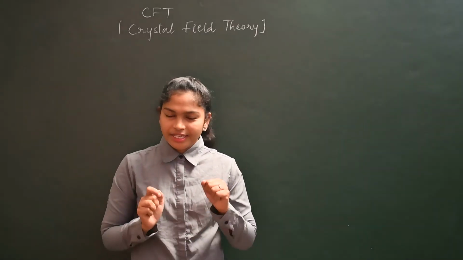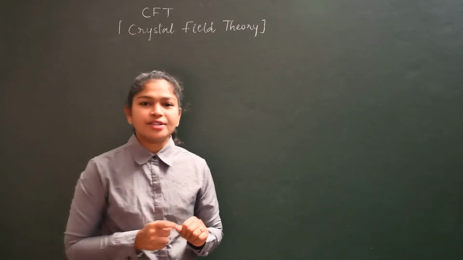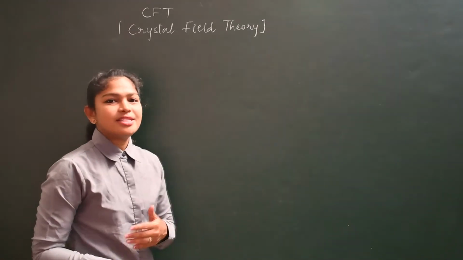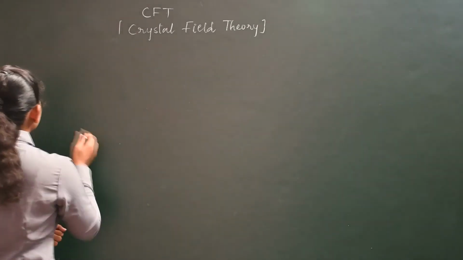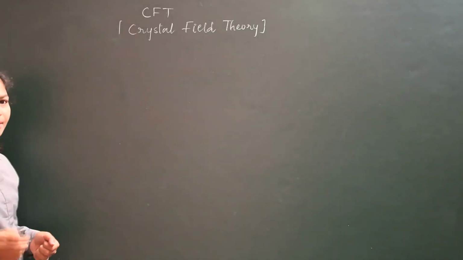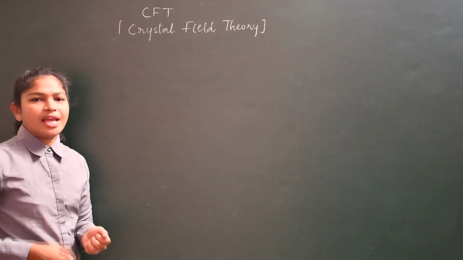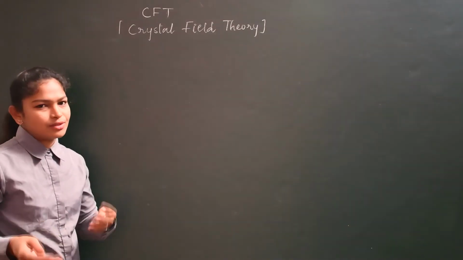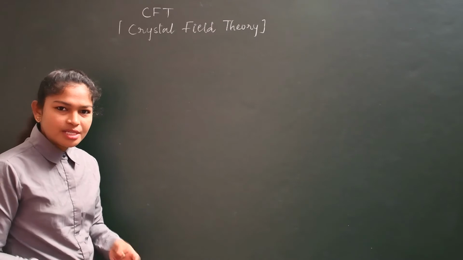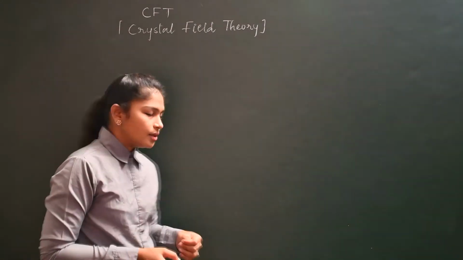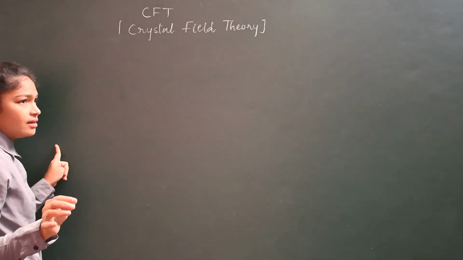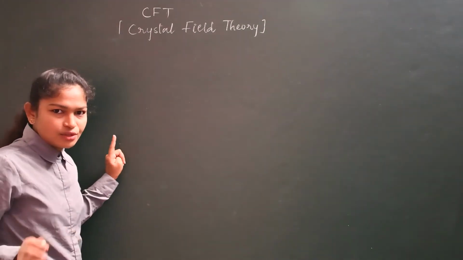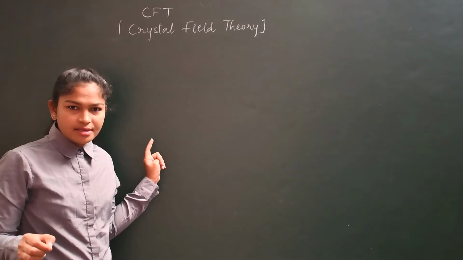Now we'll see the splitting in the tetrahedral geometry. Okay, in tetrahedral geometry, how will the splitting be? This is opposite to octahedral geometry. So what we have seen there: dxy, dyz, dxz, dx square minus y square, dz square. Whatever the 5 orbitals that we have in d orbitals, dx square minus z square, dx square minus y square, dz square will be along the axis.